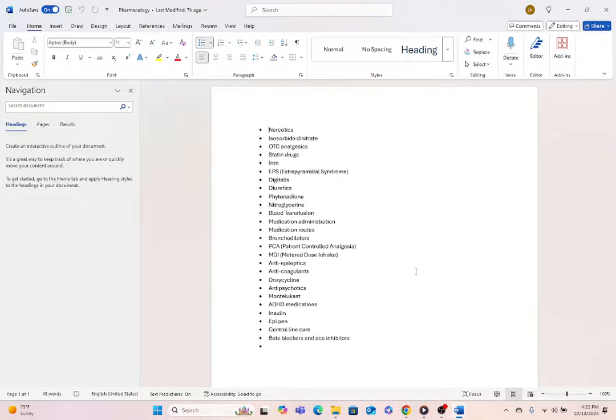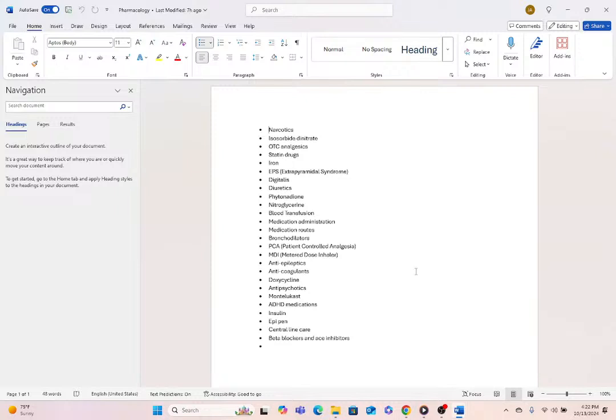So what are examples of negative pressure? MTB. Don't forget that, okay? Measles, tuberculosis, varicella. Now remember though, shingles, because shingles originated from varicella, is also part of airborne. Okay? So MTB.